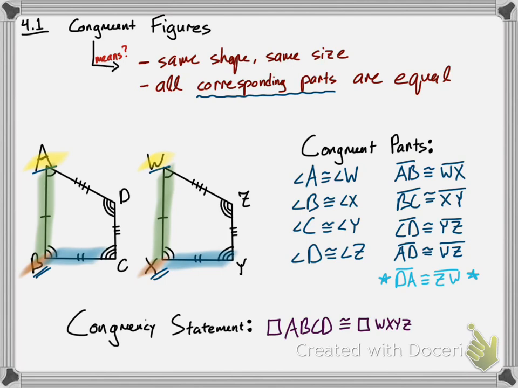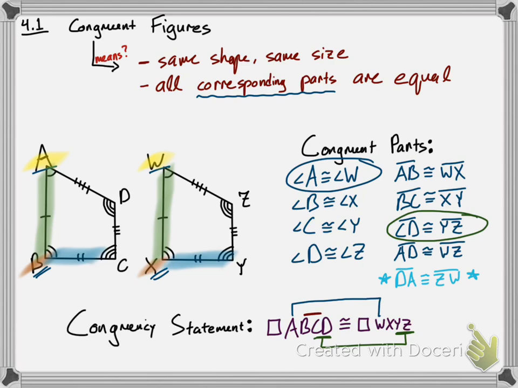And from that statement, we can pick out all of the corresponding parts. A and W, those are your first letters. We could say CD and YZ. We could mention side BC and XY. So from there, we could pull out all 8 of the parts that we need from this figure.